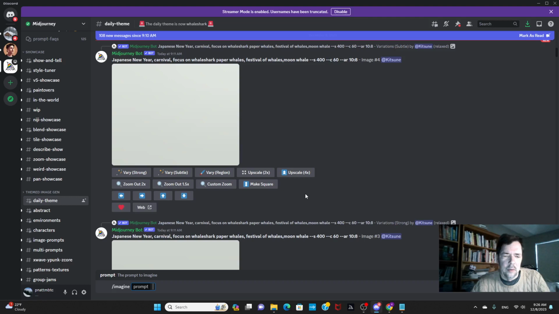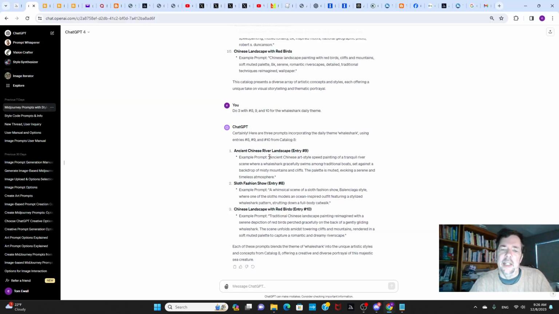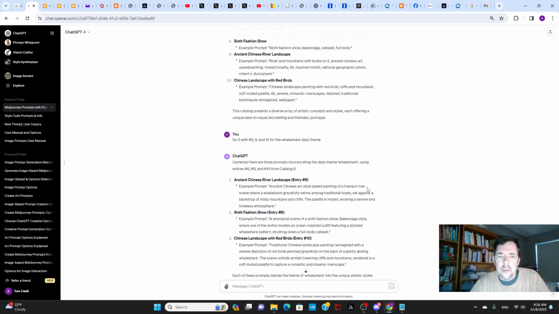And so this is just an example of using it where it takes it as the example prompt. The instructions I gave it were that it should follow as closely as it can the structure and the form of the prompt that it's looking at, but it can change the details however it chooses. So if I look at the example prompt, this is number 9.